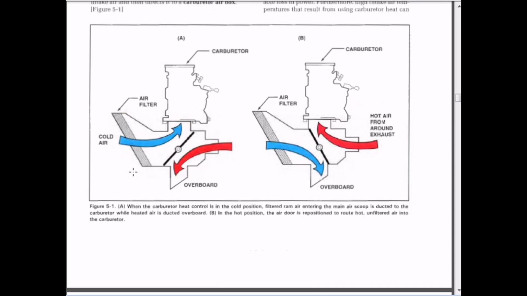Draft is the movement of air, and this air is moving upward, so it is called updraft. At the air scoop, it is taking the air from outside. As you can see, the scoop is very big so that you have a bigger area to allow more air into the engine. The carburetor is going to have a venturi.